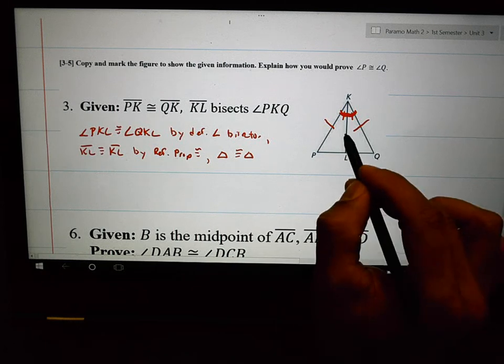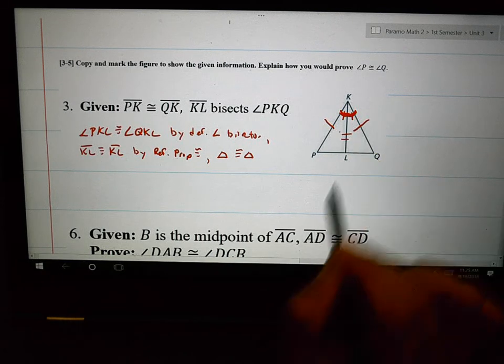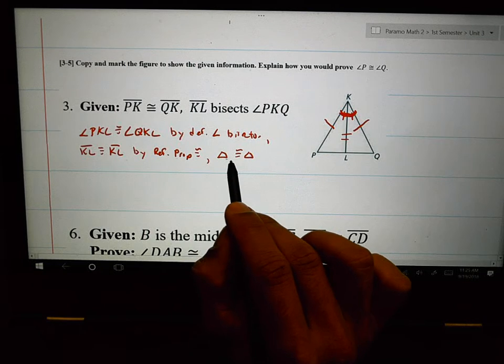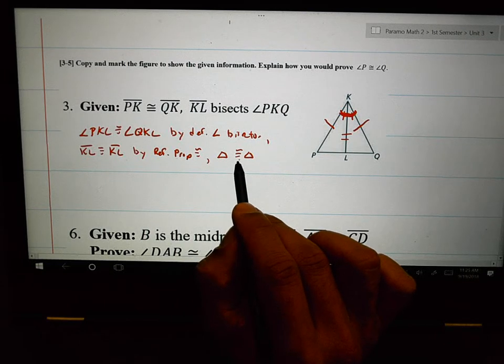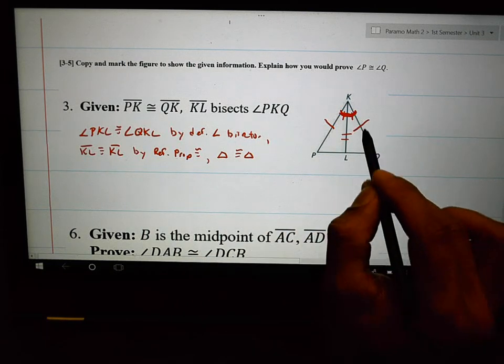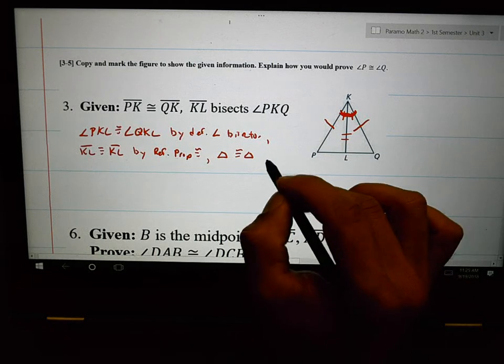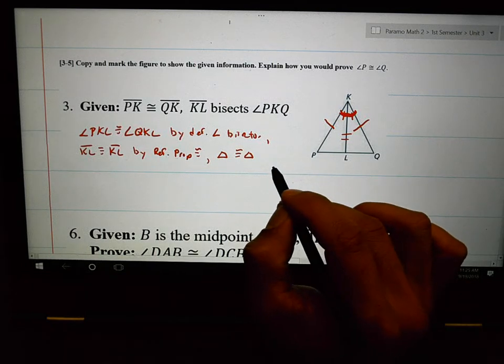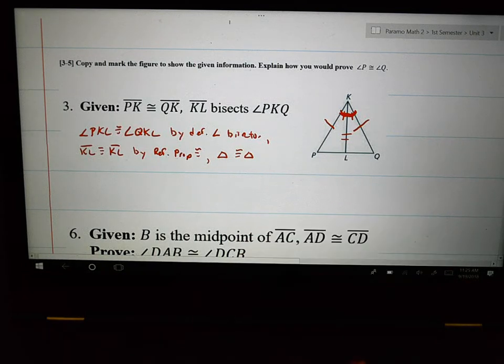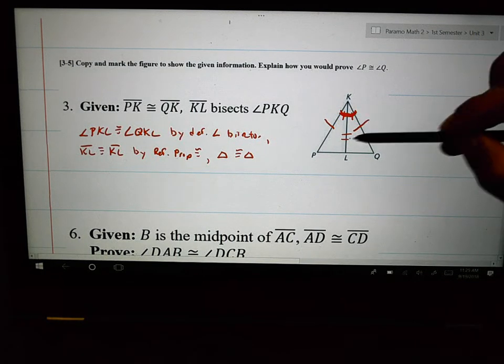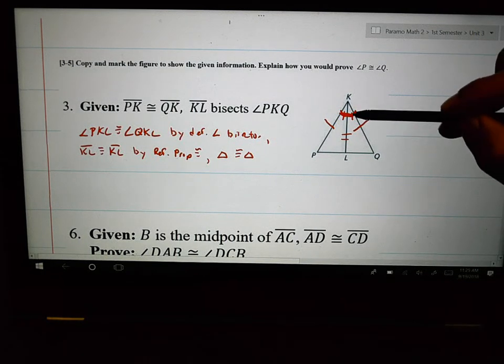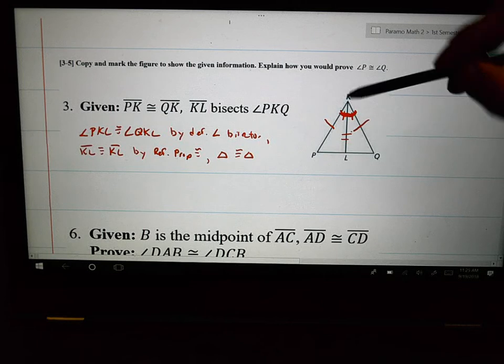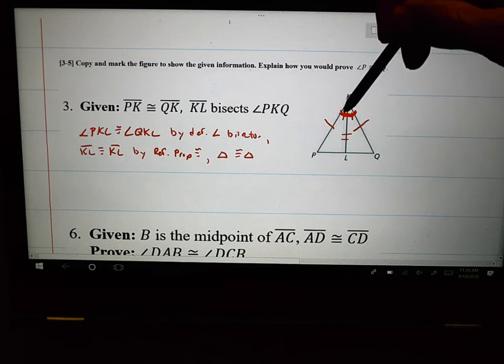Once I prove that, which postulate is going to prove that this triangle is congruent to that triangle? Do you remember? Or what do I have? One of the shortcuts. If you know the 3 letters, say it out loud. Ooh, we don't know. I have a side touching an angle, touching a side. That's the same as a side touching an angle, touching a side.